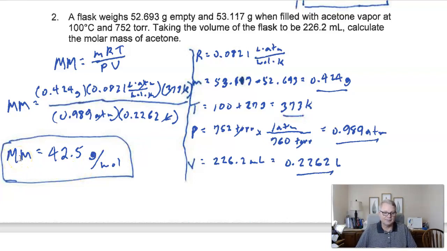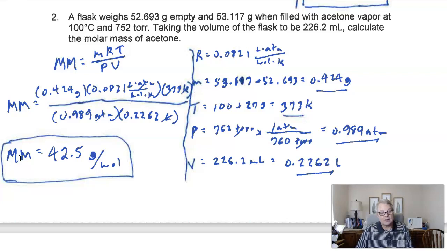Anybody? Yeah, it was the molar mass. So if you had the simplest formula and the molar mass, you could figure out the true formula. Well, look, here's a way to figure out the molar mass of something without knowing anything about it. You don't even have to know the simplest formula to get the molar mass here.